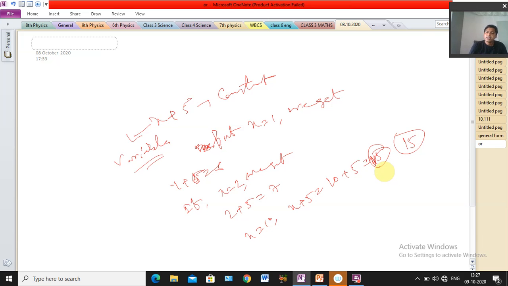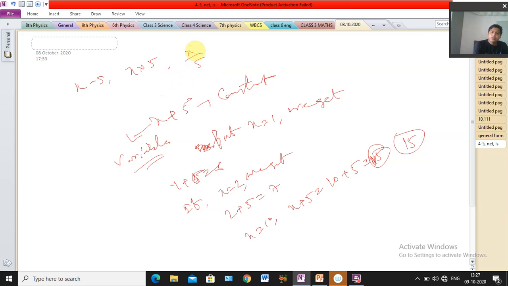Concept clear, sir? Not only plus, we can do minus also: x minus 5, x into 5, and x divided by 5. We can do addition, subtraction, multiplication and division.